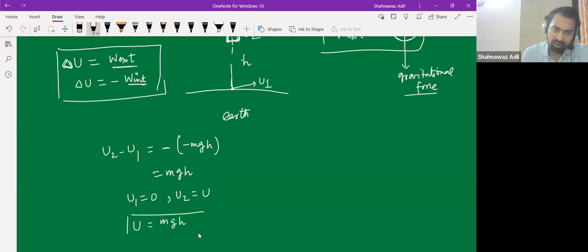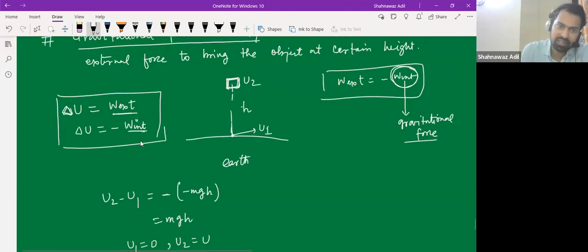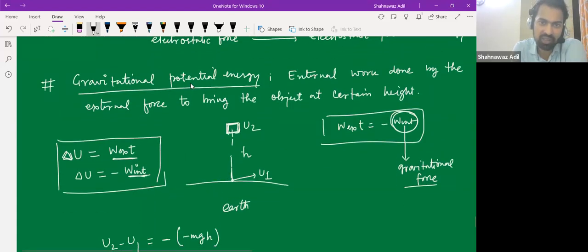So this is how you get the potential energy of the object at certain height. And that is dependent upon this internal work done or the external work done. Internal work done is due to this gravitational force, and external work done is whatever you apply against this gravitational. So is this part clear, everyone? Yes, sir.